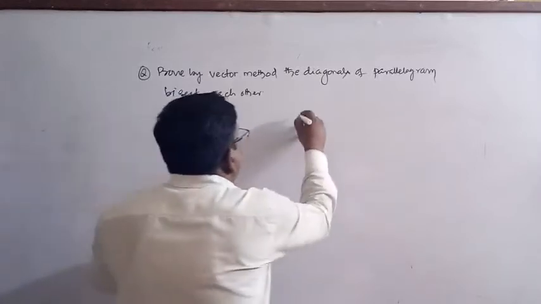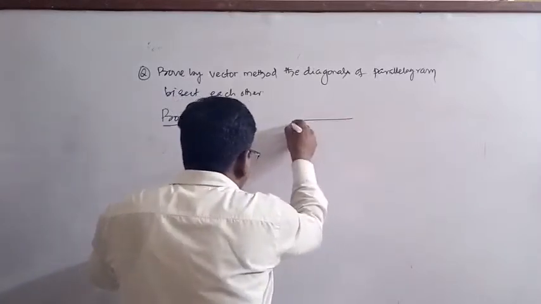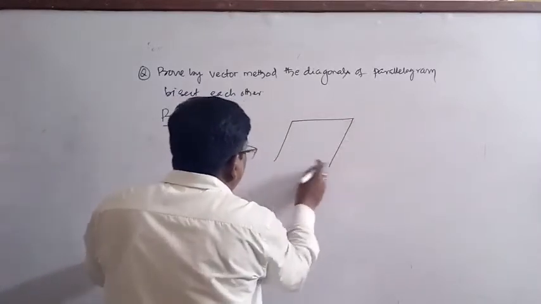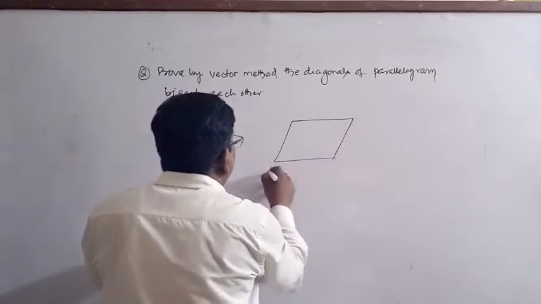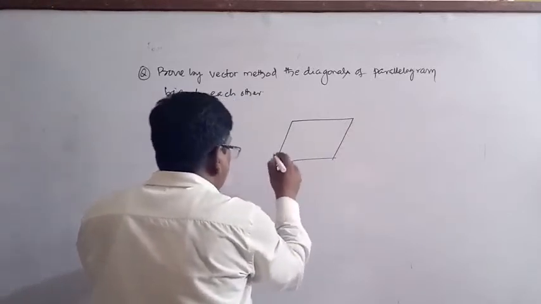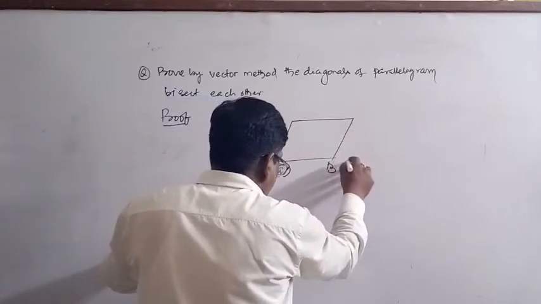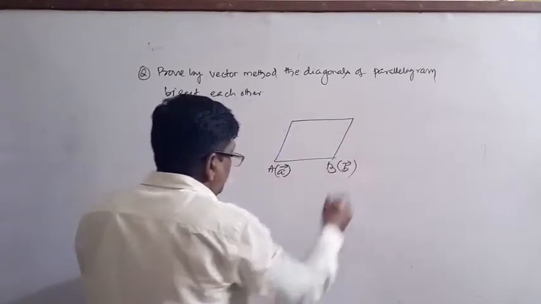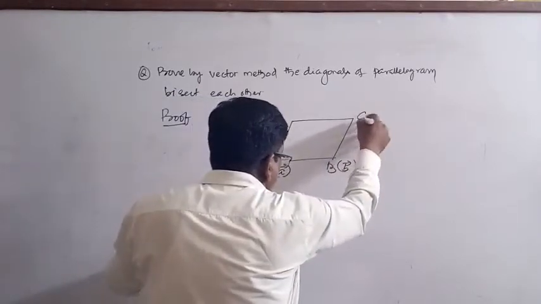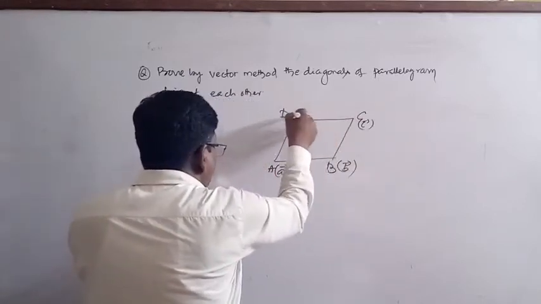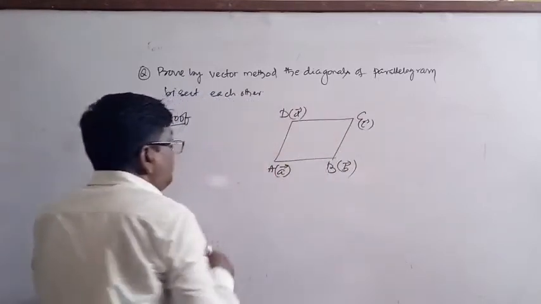Let this be a parallelogram. Suppose this is A whose position vector is A, this is B whose position vector is B, this is C whose position vector is C vector, and this is D whose position vector is D vector.